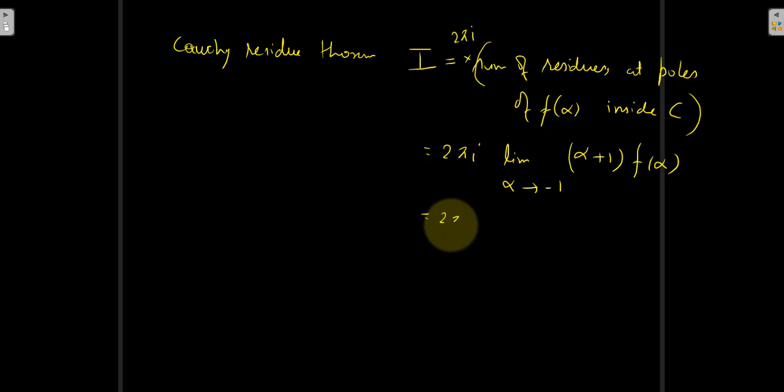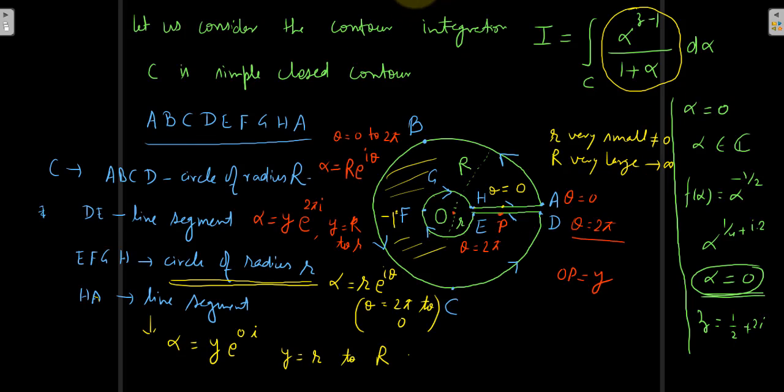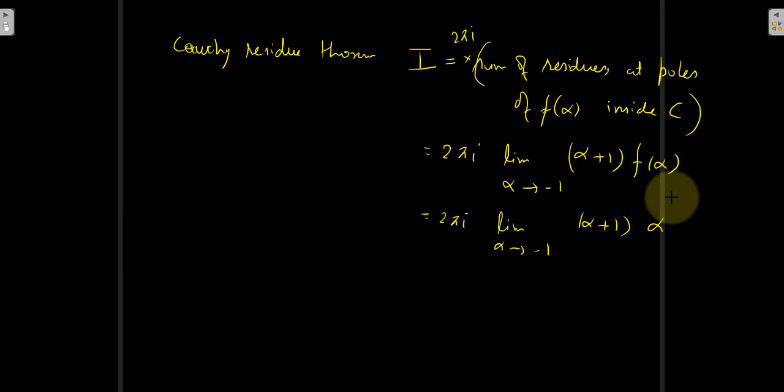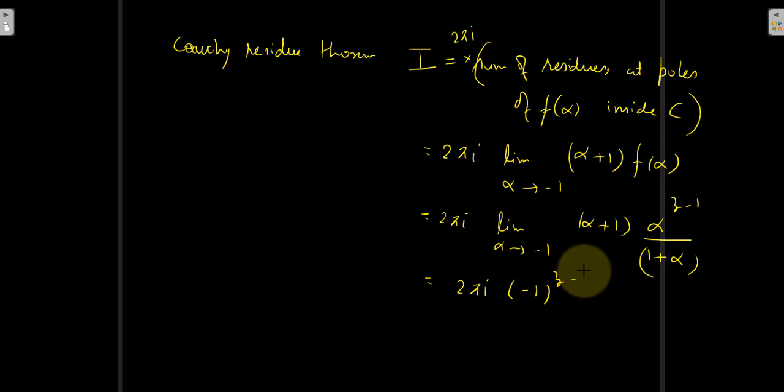So now 2 pi i and the limit alpha tends to minus 1 of (alpha plus 1). And what is f alpha? f alpha is alpha to the z minus 1 divided by 1 plus alpha. So this 1 plus alpha gets cancelled out, and we get 2 pi i, and on the other side we get minus 1 to the power z minus 1.